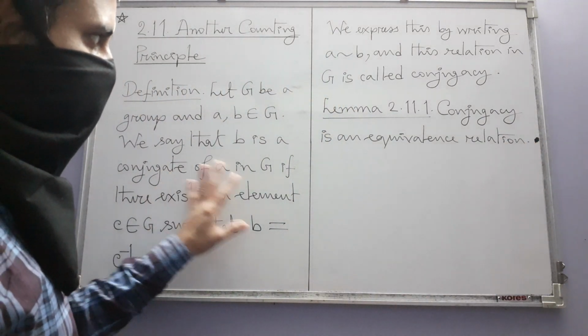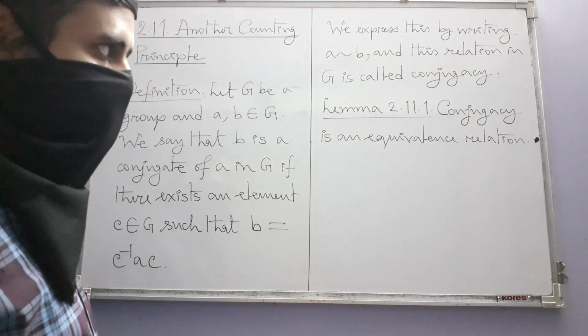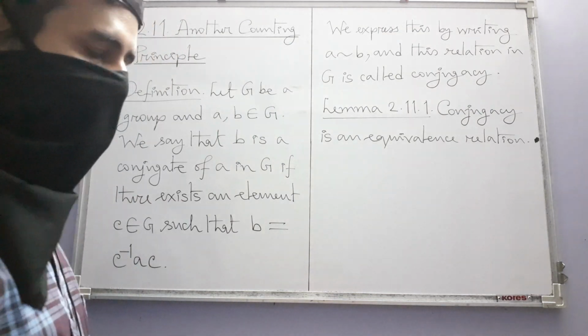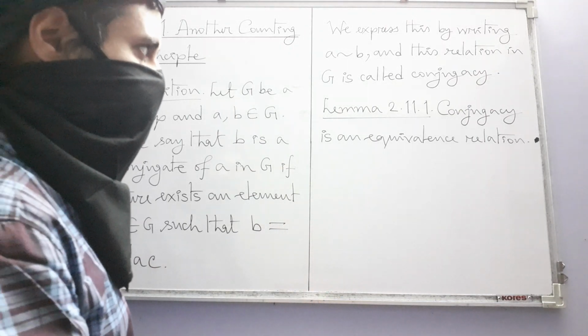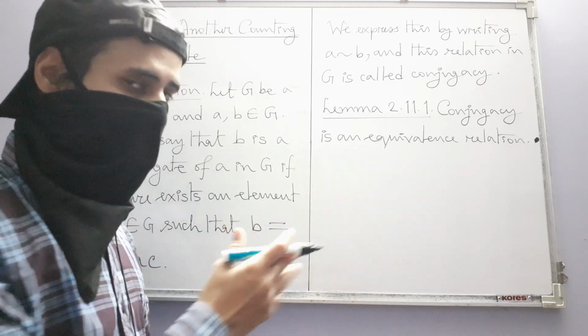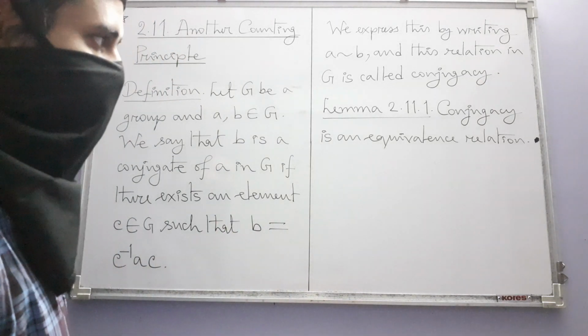In general, if we just simply say conjugacy, then that may not mean just this thing. In the context of our discussion and in the context of group theory, it means this particular relation.